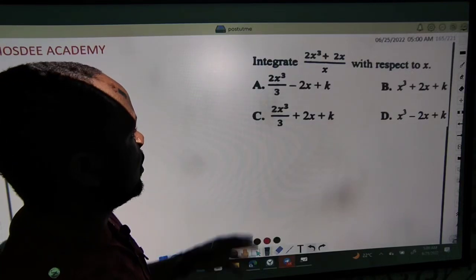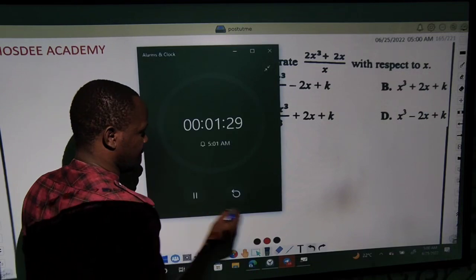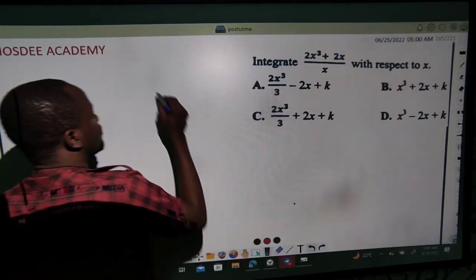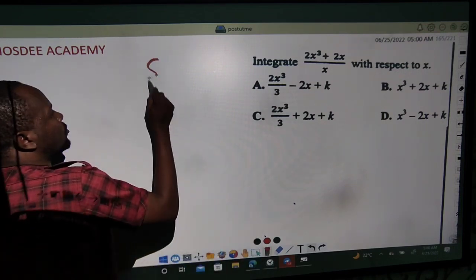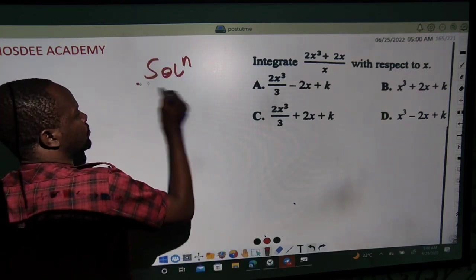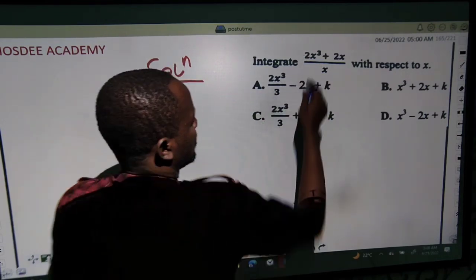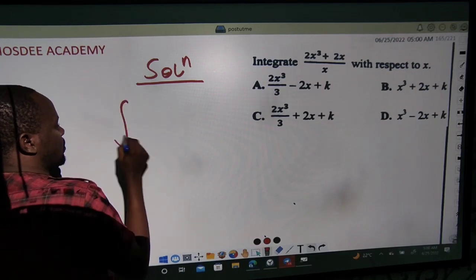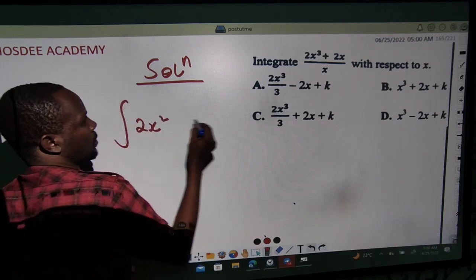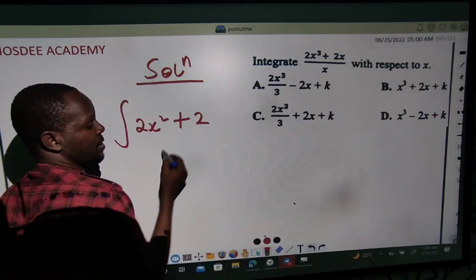Admin? Integrating this one directly, we can also do that with our timer, my dear students. Solution, direct solution will be this. So if we reduce this stuff, you have x cubed by x, that is 2x squared. 2x divided by x remains 2, which is now very easy for you.